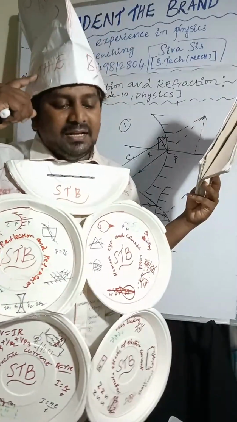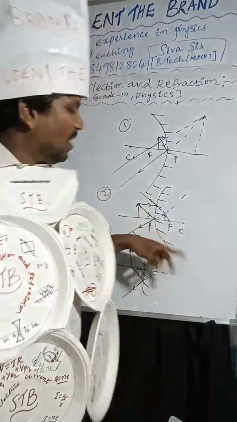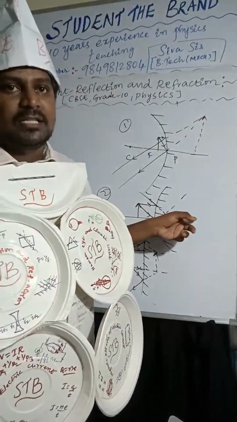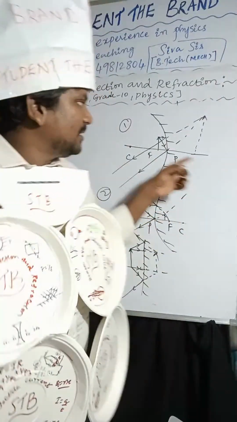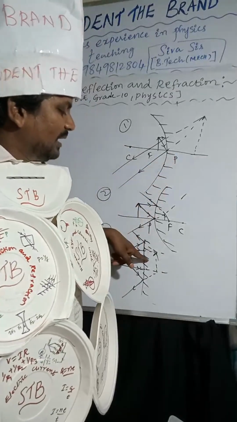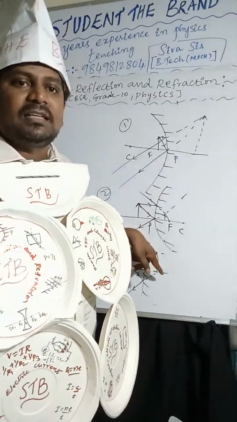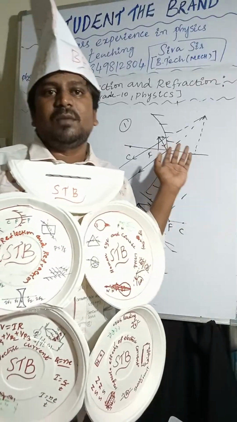So small head means convex mirror. Fat body means concave mirror, and legs are normal, means plane mirror.